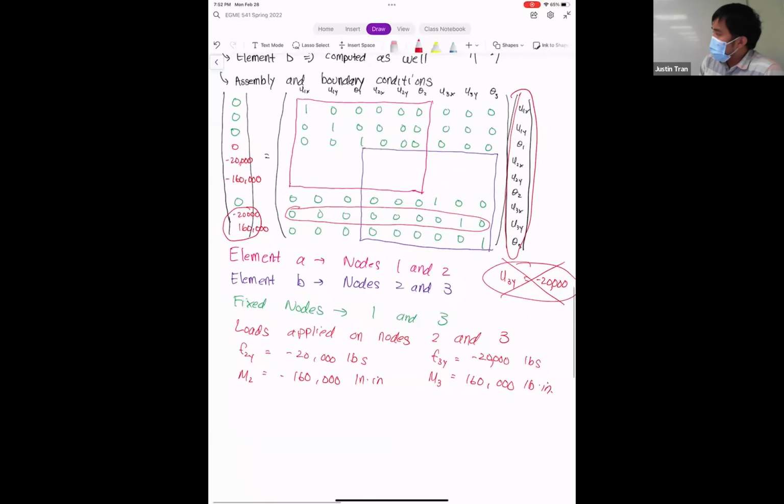In order to still respect the fixed support, if you have a case where you have a load and a support being applied at the same node, what you should do is let the support, the Dirichlet boundary condition, take priority.